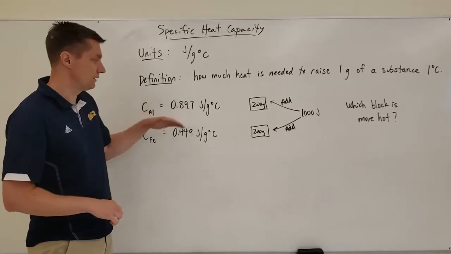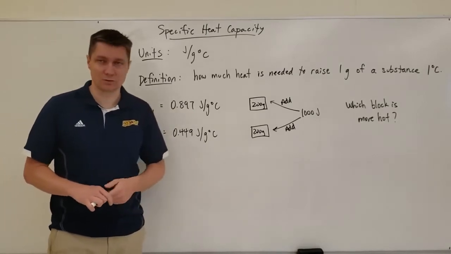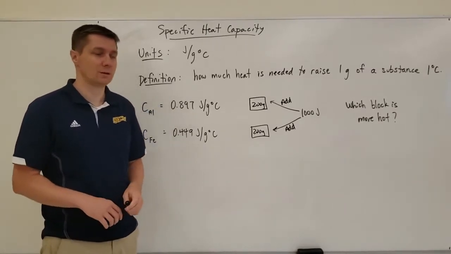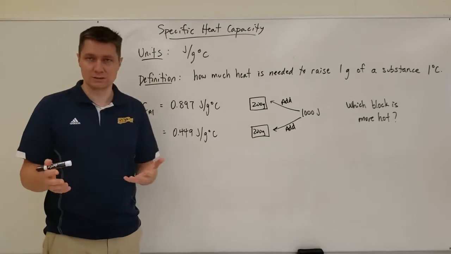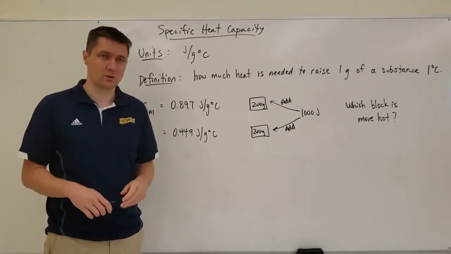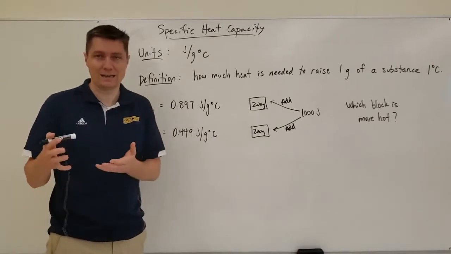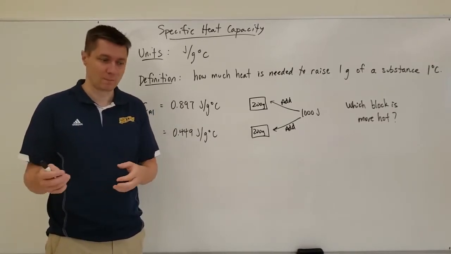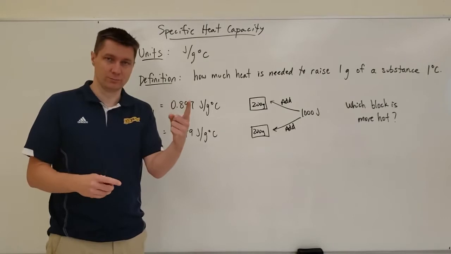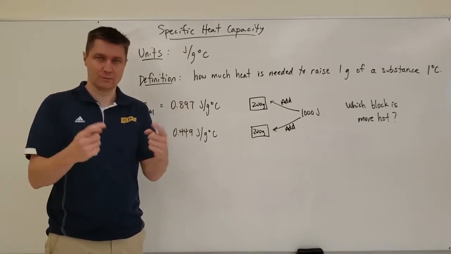Now aluminum specific heat capacity is 0.897 joules per gram degree Celsius. So again, what this means quantitatively is that if I have 0.897 joules of energy, that will raise 1 gram of aluminum 1 degree Celsius.